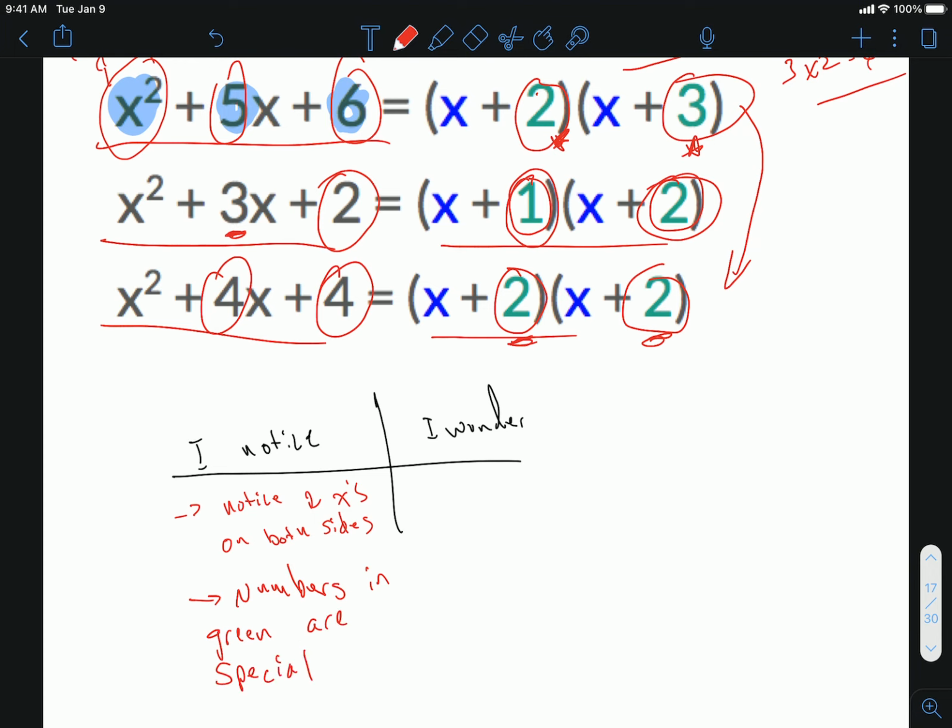And I suppose your wonder for that could be, how do they relate to the other side? Okay. We showed you kind of how they relate. Okay, we're just going to want to come up with a rule. Okay, so let's come down.